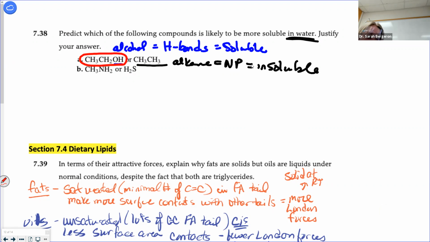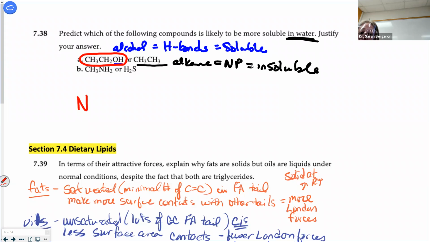CH3NH2 or H2S. Maybe we might have to draw this one. Do you want to draw this one? Some people say no. Can you do it without drawing? First one or second one? Okay, let's draw it.